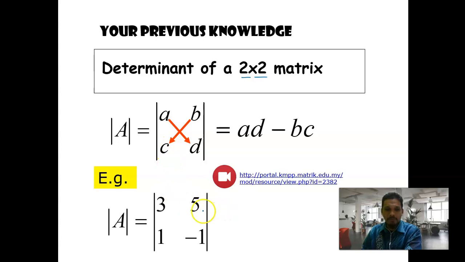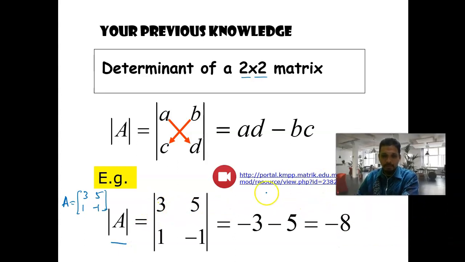For example, let's say we have a matrix A: 3, 5, 1, -1. Then determinant of A equals 3 times -1, which is -3, minus 5 times 1, which is 5, equal to -8.